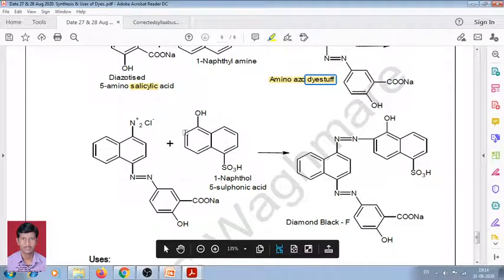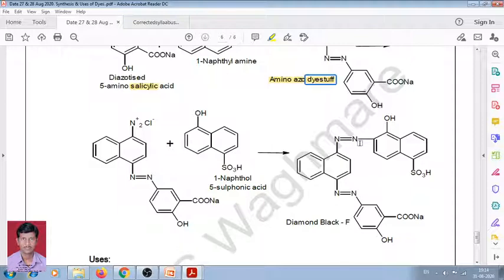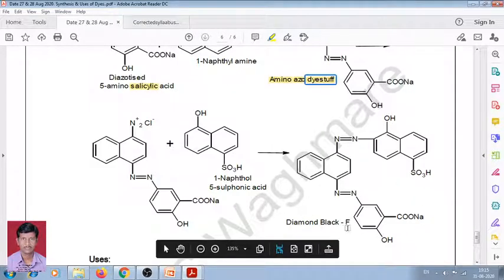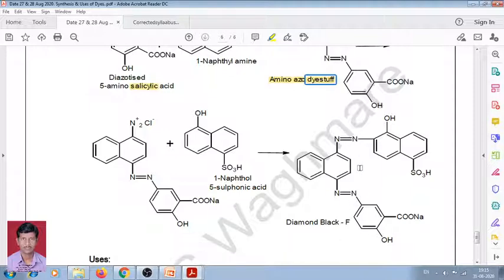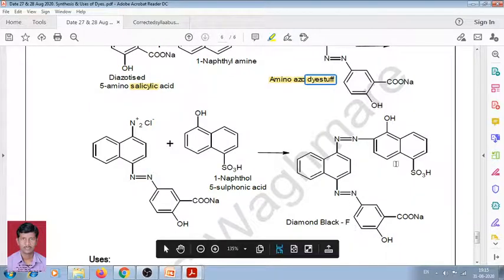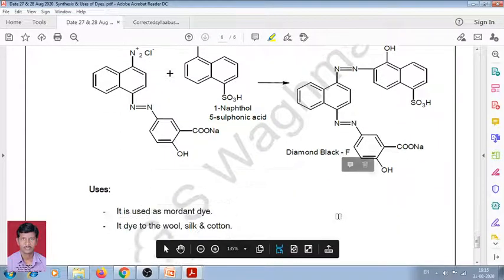This is position 1 and this is position 2, and an azo bond is formed, N double bond N. This is the total structure of diamond black F, which contains two azo functional groups. One side has the salicylic acid ring, the other has the naphthalene sulfonic acid, and this is the structure of diamond black F.